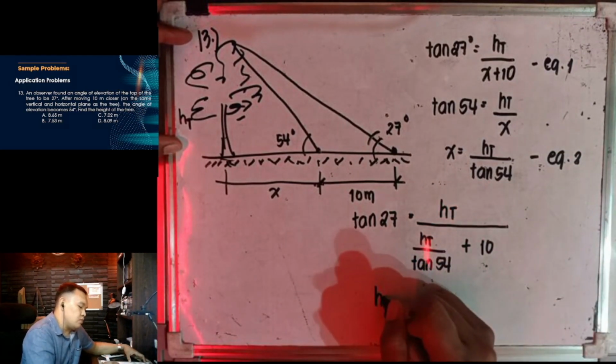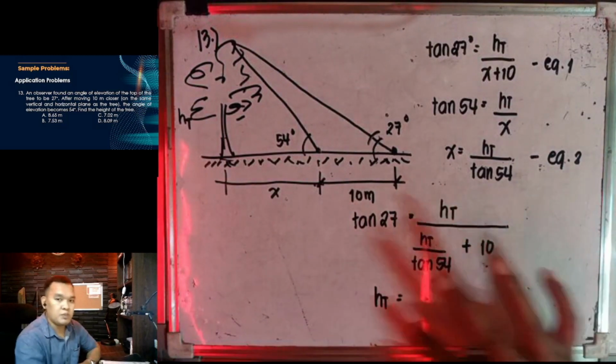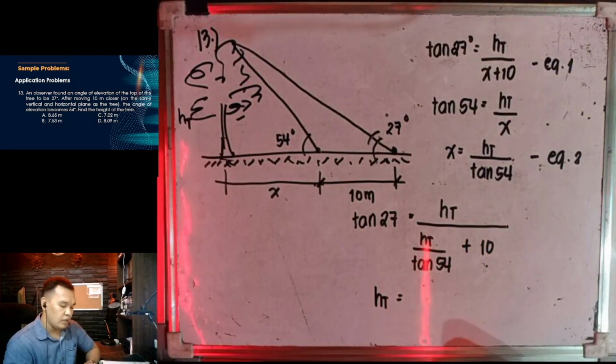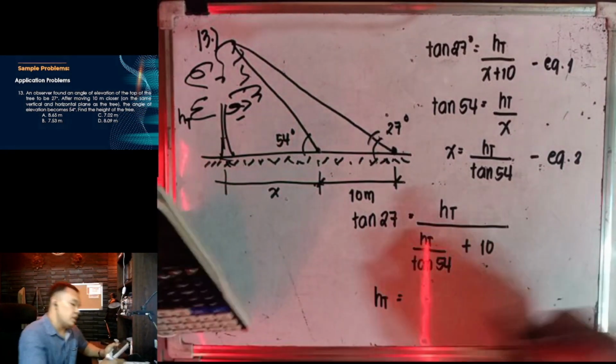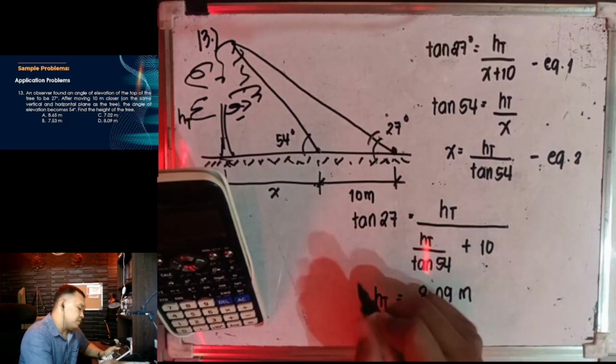Then the value of the height of the tree, I'll just shift solve, but you can transpose that if shift solve is not available on your calculator. Tangent 27 is equivalent to height of the tree over height of the tree over tangent 54 plus 10. Then shift solve. So, the height of the tree is equivalent to 8.09 meters.